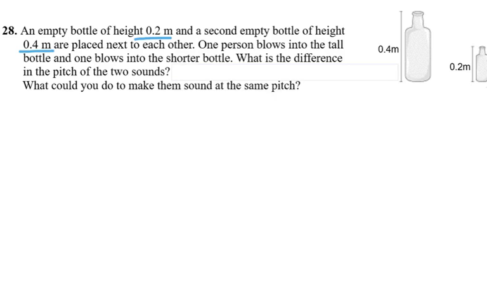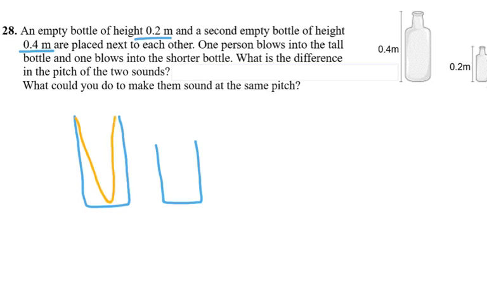So both bottles are open on one side, so I'm going to have the taller bottle and the shorter bottle. In this case, I have this as a standing wave, and in this case, I have this as a standing wave. Let's call this height of the bottle H, and this height of the bottle h. So it's the same as L in our previous problems.